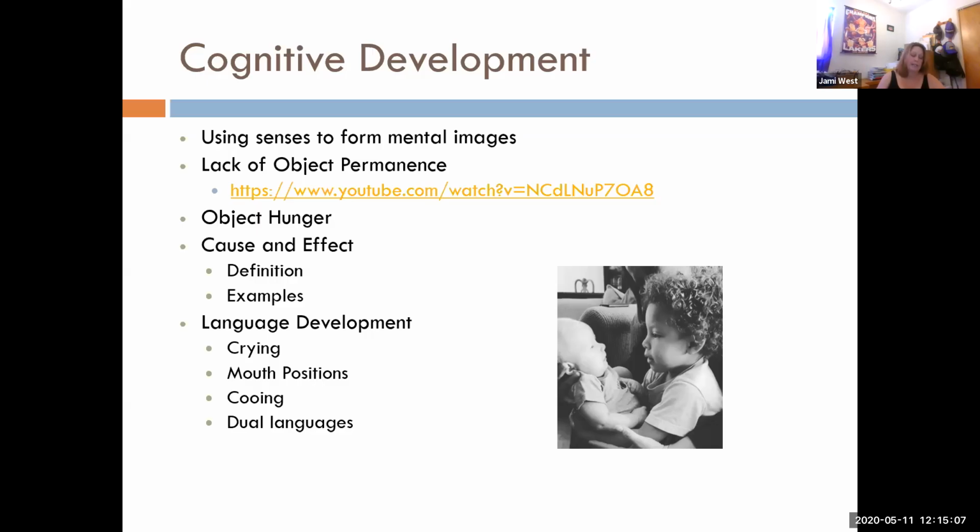Another thing that we will see in infants 0 to 6 months is what's called object hunger. Not a literal physical hunger, but a cognitive hunger, to learn about everything that they can get their hands on. They're hungry for learning about the properties of whatever they have.